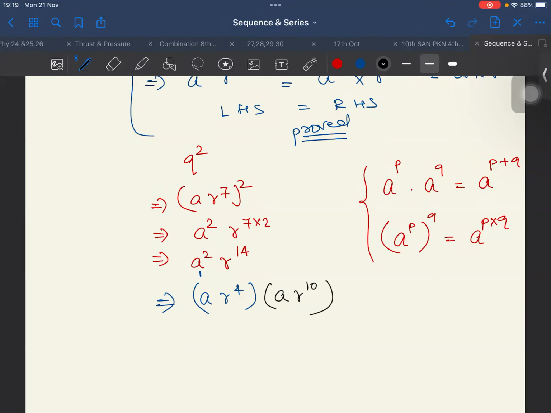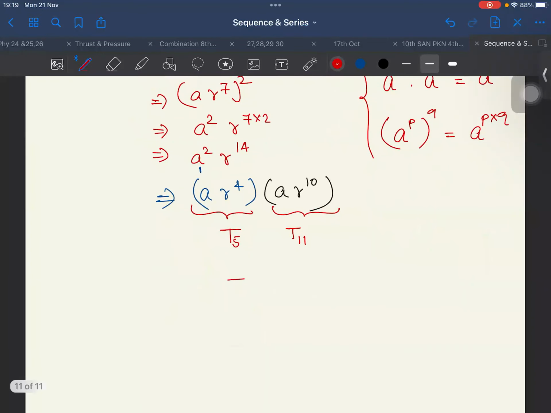So the power will get added up. That means this one is which term? A R to the power of 4 is which term? 5th term. What is this term? 11th term. Yes, sir. Right? So that means you are getting product of T5 into T11.